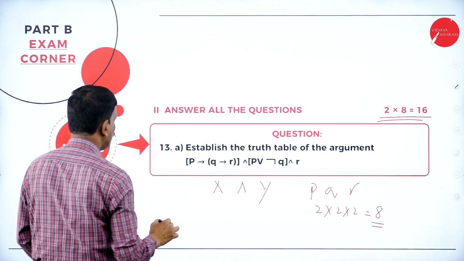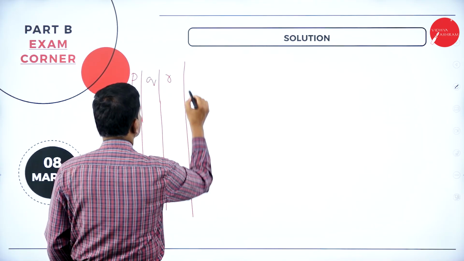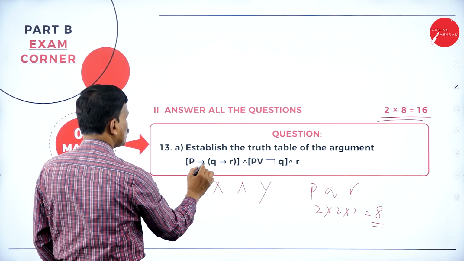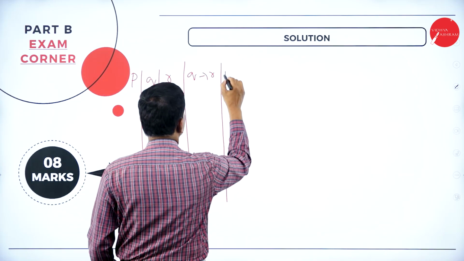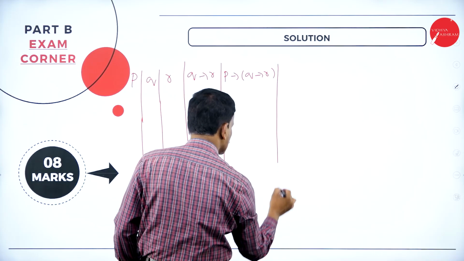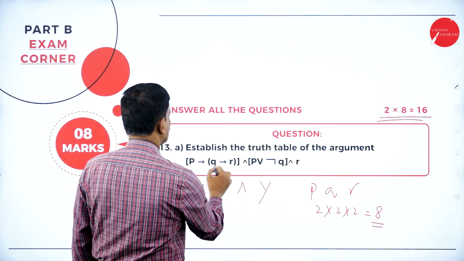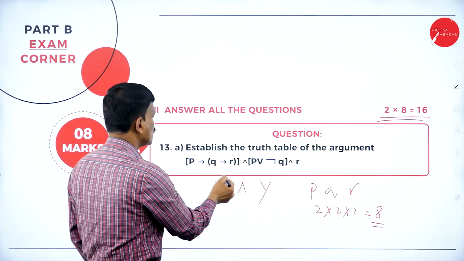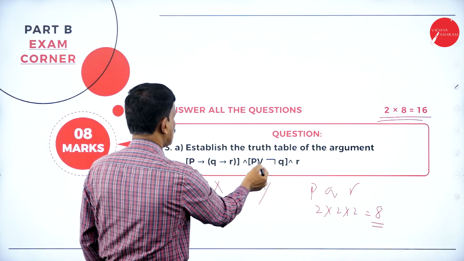Then Q conditional to R. Then P conditional to Q conditional to R. Let us represent this first part as X. The second part: P is already there.